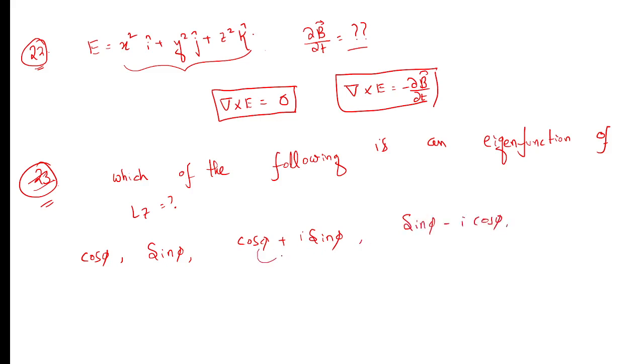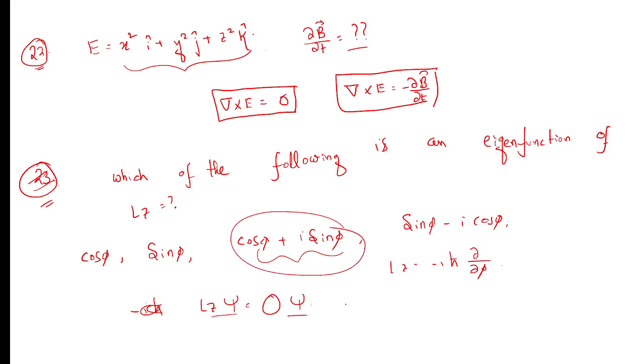Okay, so you know the formula of Lz. Apply it, and you will get some eigenvalue and this function. I'm choosing this because this is going to be the correct answer, I already know.